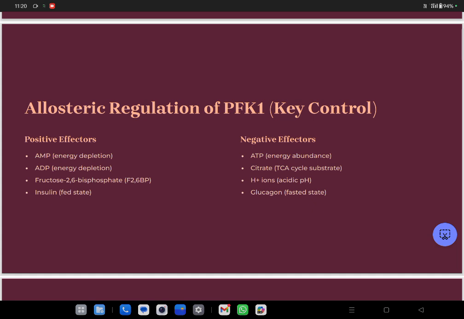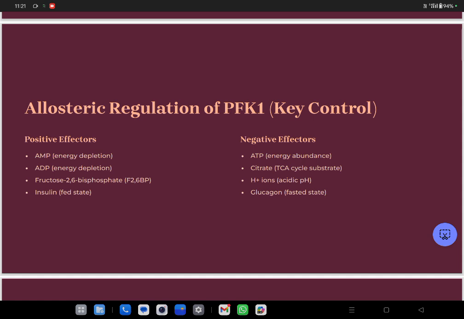So the body needs more ATP, and so glycolysis starts. AMP and ADP positively regulate PFK1 by binding to its allosteric site, and the activity of PFK1 increases and more fructose 1,6-bisphosphate is produced.